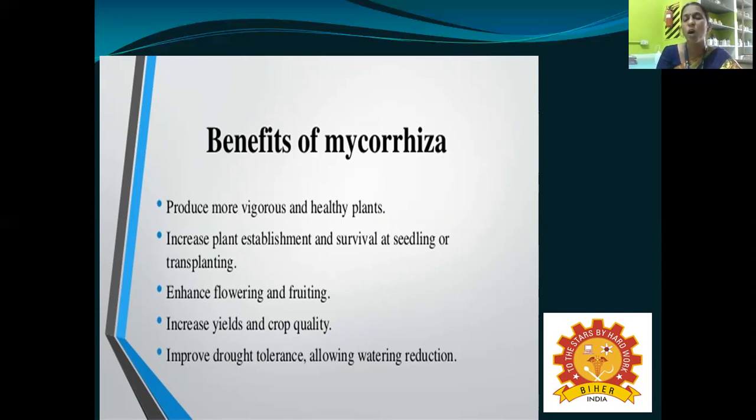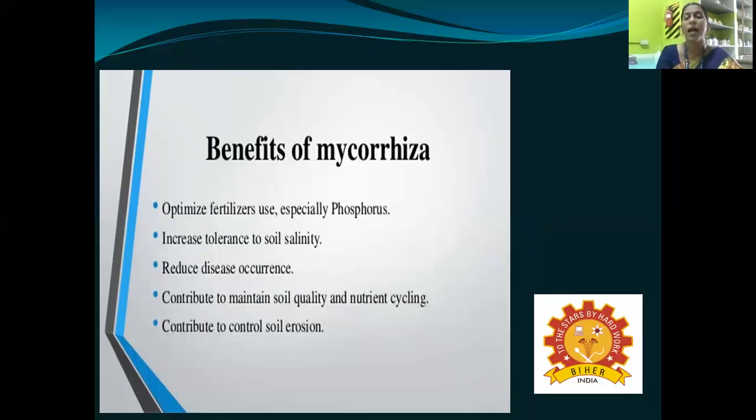And the last point, there is improvement in drought tolerance, allowing a reduction in watering, so the water usage is less. So this is the main benefit. Next, it optimizes fertilizer use, especially phosphorus, and increases tolerance to soil salinity.